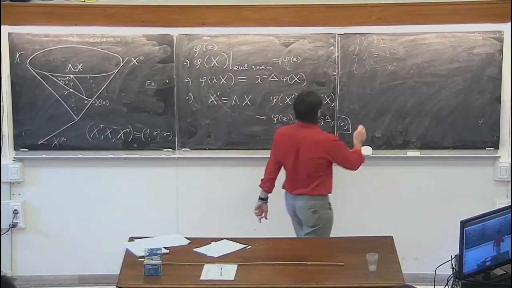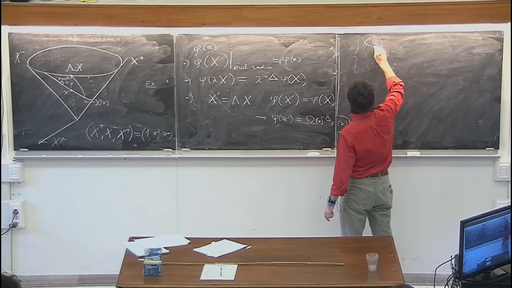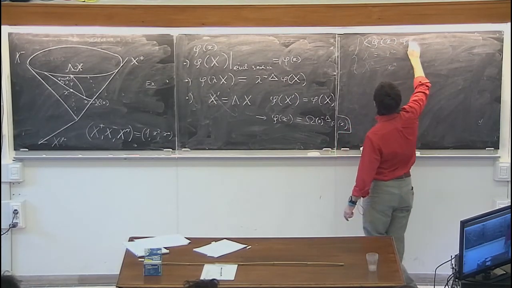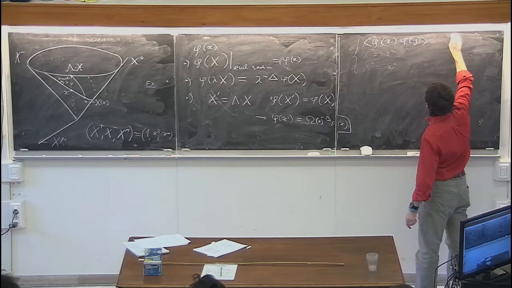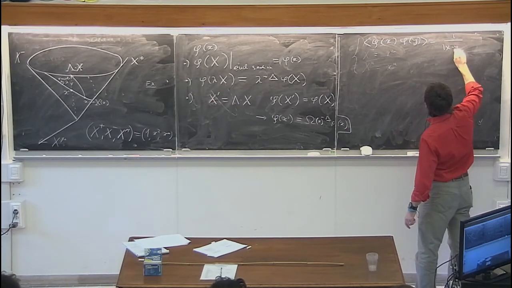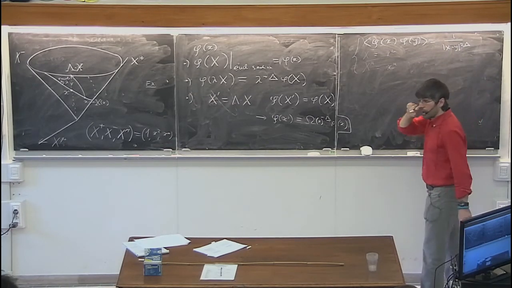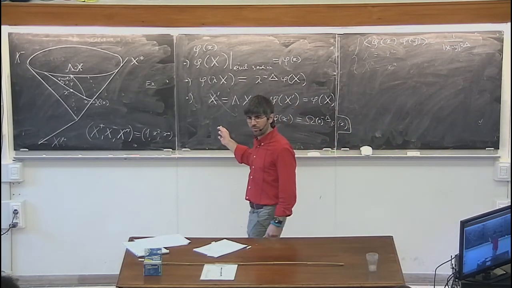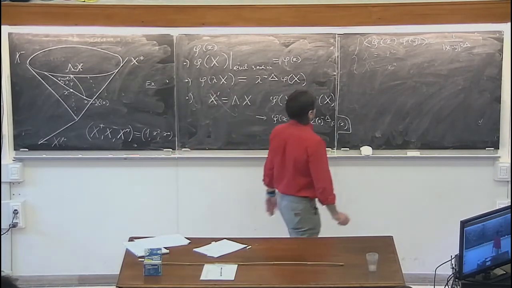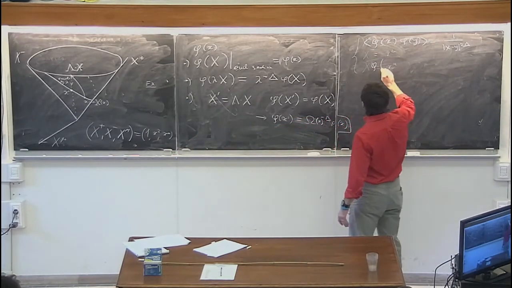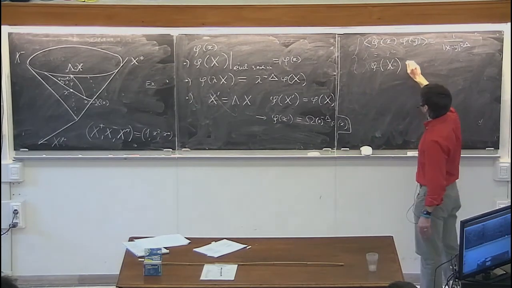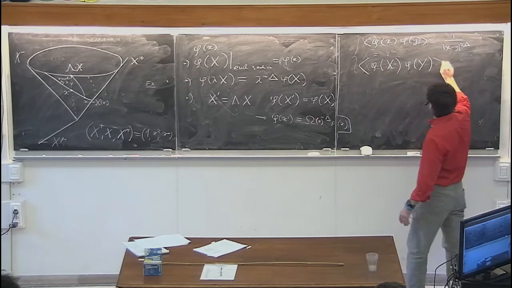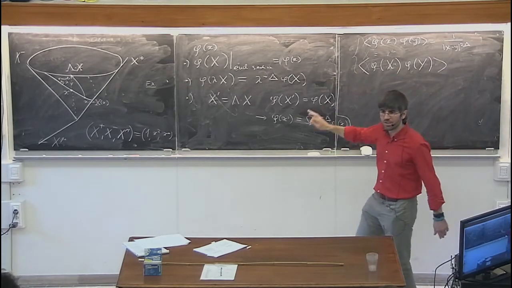Let's just start with the two-point function. We know that the two-point function of a primary scalar is equal to 1 over x minus y to the power 2 delta. Let's derive this very simple result in this language. I'm going to study a correlation function of phi, but in terms of these big variables, x and y.